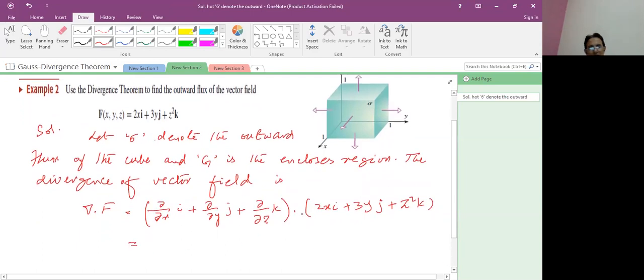First we find the partial derivative with respect to x. It is 2, it is 3, i dot i is 1, and the derivative of z square is 2z. So k dot k is 1. So the answer is 5 plus 2z. First we find the divergence, it means del dot f.